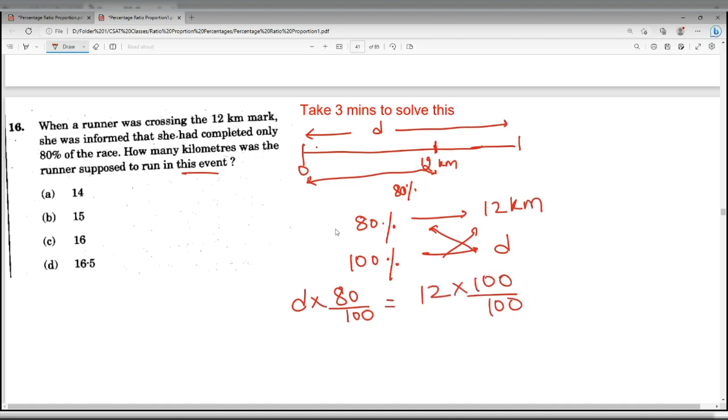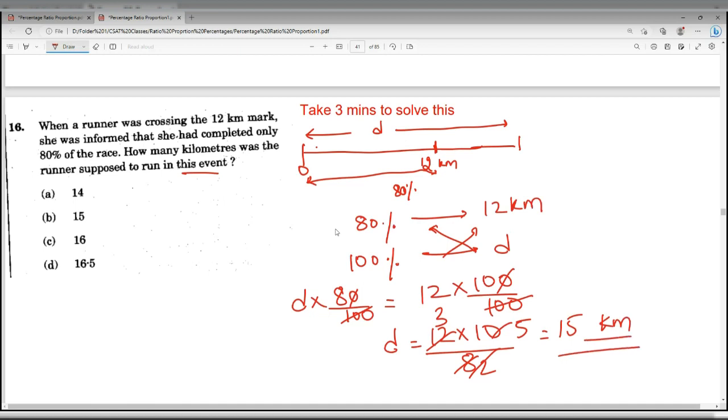So the 0 is cancelled here. D is equal to 12 into 10 divided by 8. Then 4 2s are 8, 4 3s are 12, 1 5 is 5, 5 into 3 is 15 kilometers. So the total race was 15 kilometers.